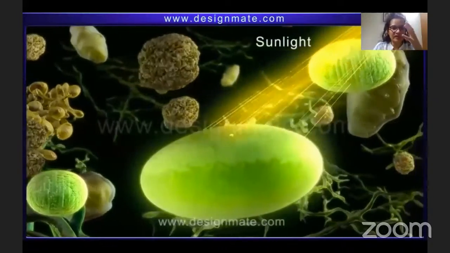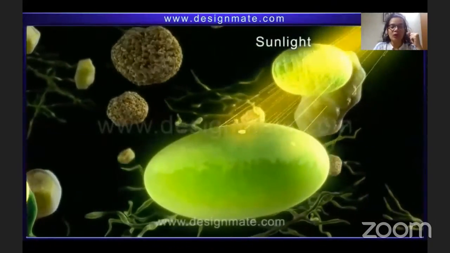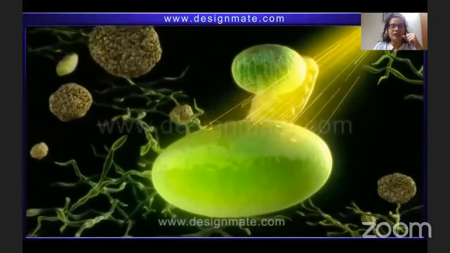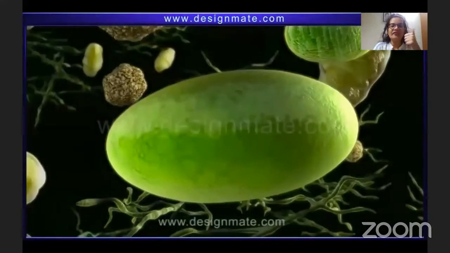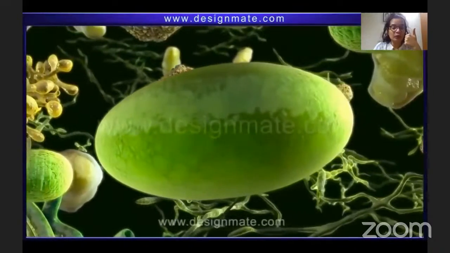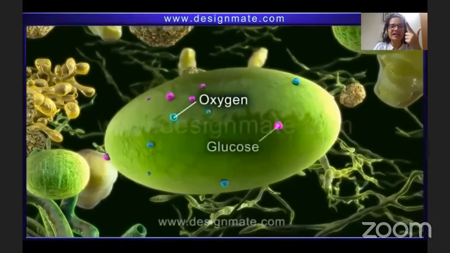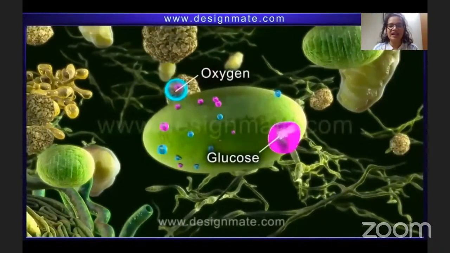So in this process, what is happening? It's producing two important things. First is glucose and second is oxygen. It is providing glucose and oxygen from what two things? From carbon dioxide and water in the presence of sunlight, which helps them in synthesizing it.